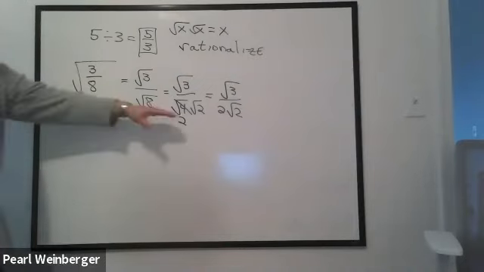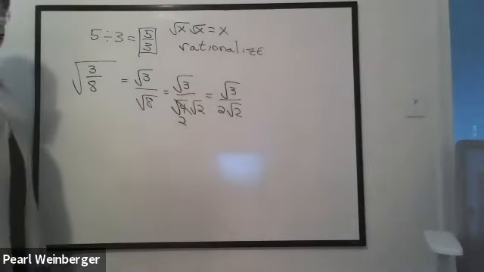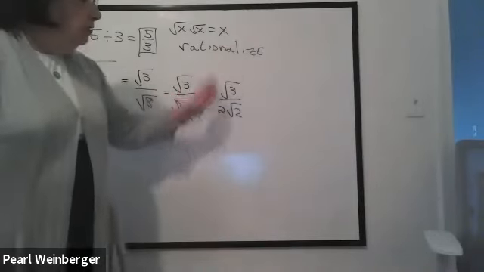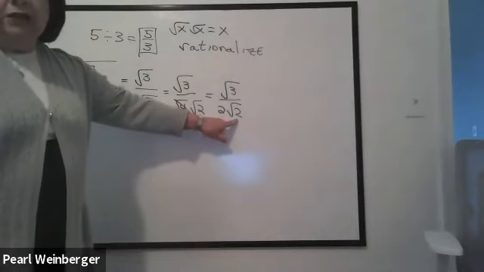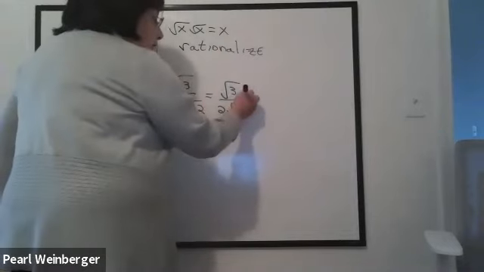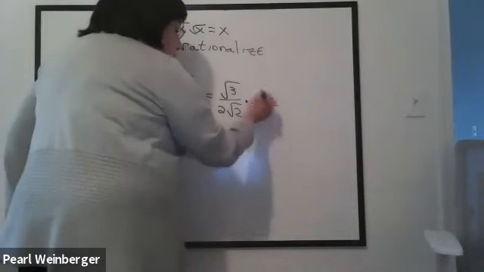It's not something inside a radical. And what we usually do after we have simplified this, if there is a radical in the denominator, we multiply the numerator and denominator by that radical. I'm going to multiply, in this case, the numerator and denominator by radical 2.